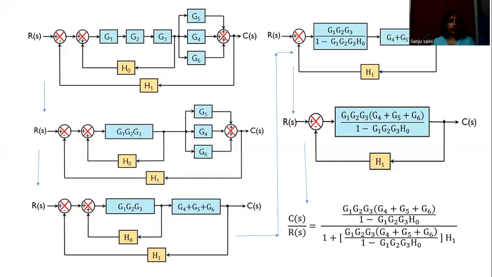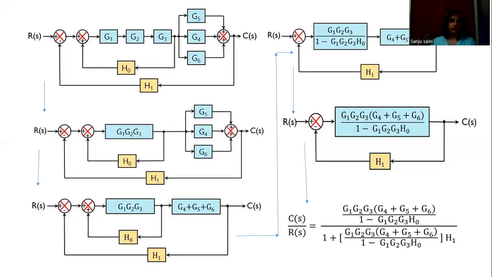So the order of the system will also become equal to 3. So here we should not get confused with the type and order of the system. The order of the system is the order of the characteristic equation, meaning the highest power of S in the equation.